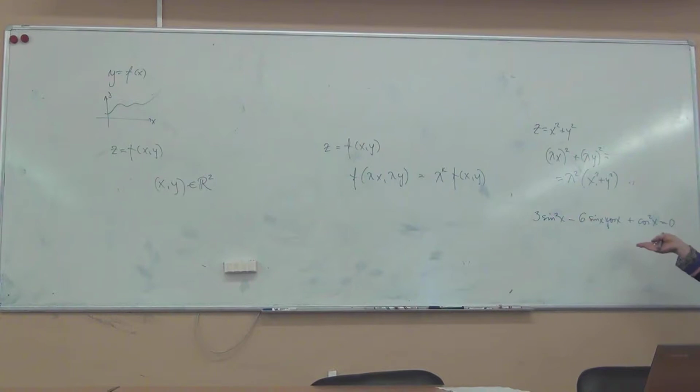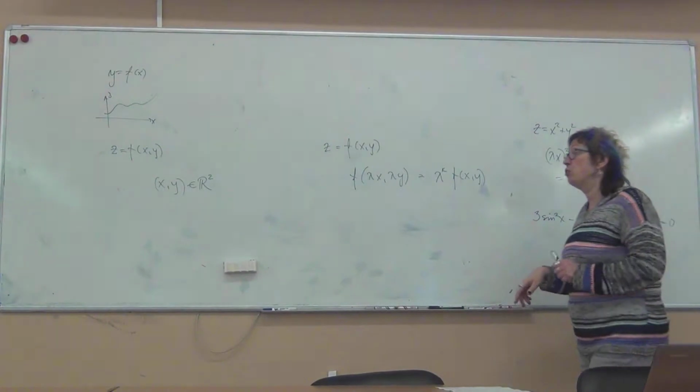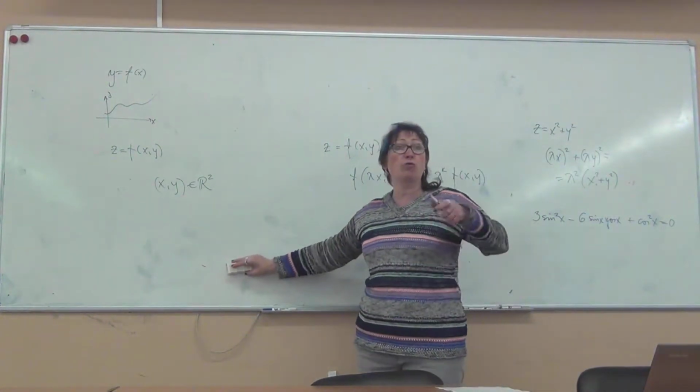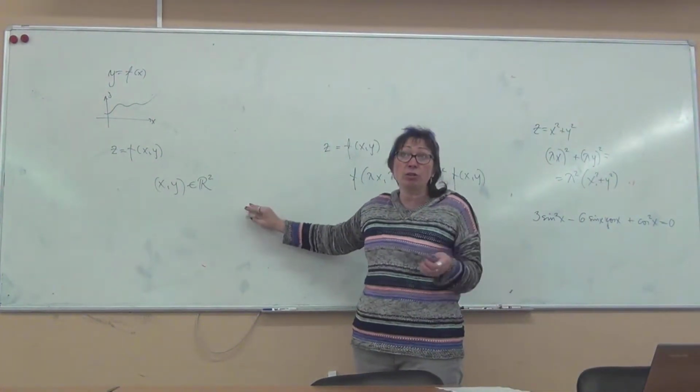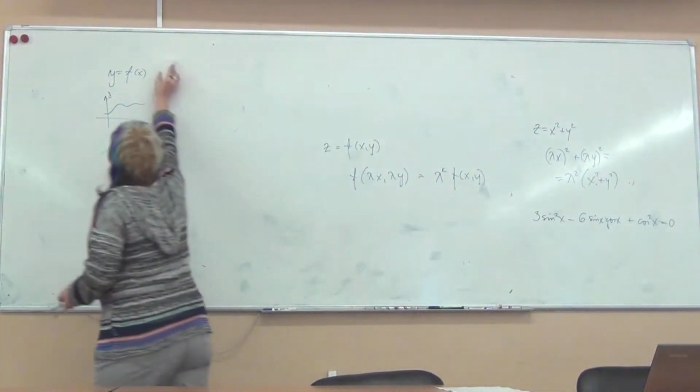That's a homogeneous trigonometric equation because the total power of each term is the same. But that's only a particular case of homogeneousness. In reality, homogeneousness is best defined the earlier way. Then you don't have to talk about powers of terms, especially if the terms are not powers by themselves.